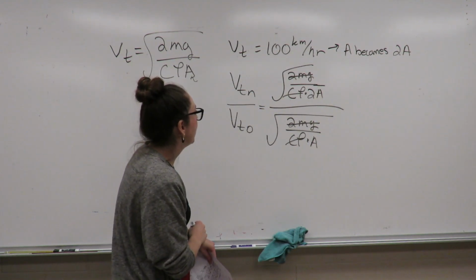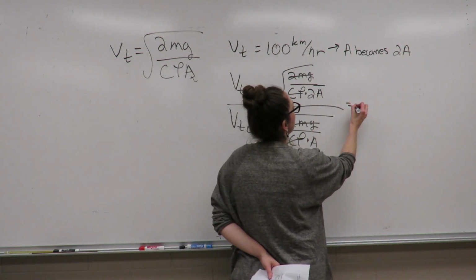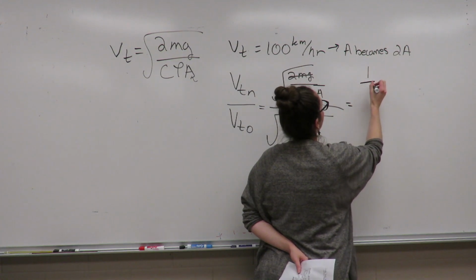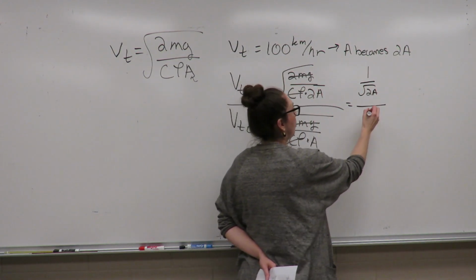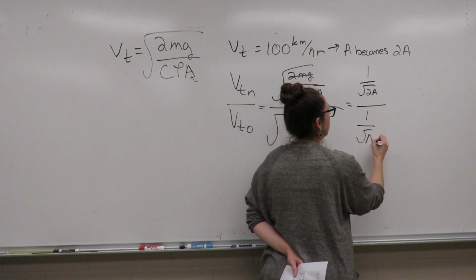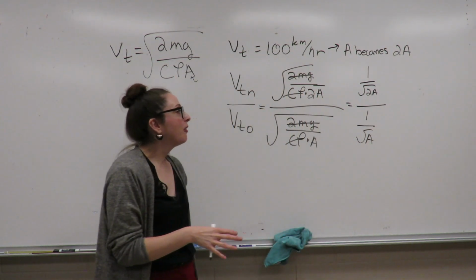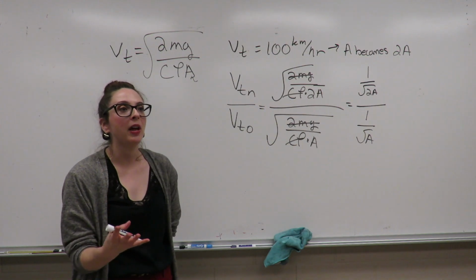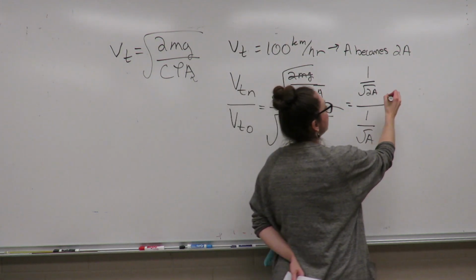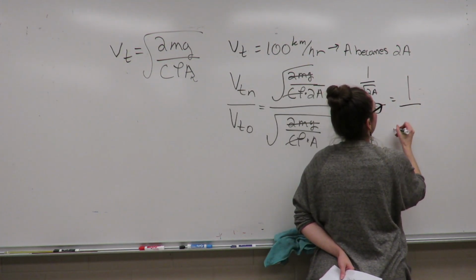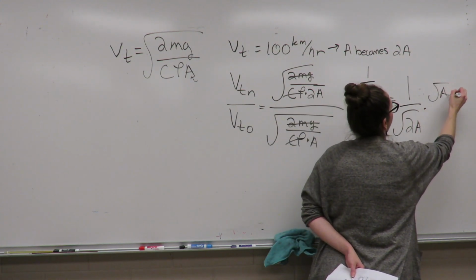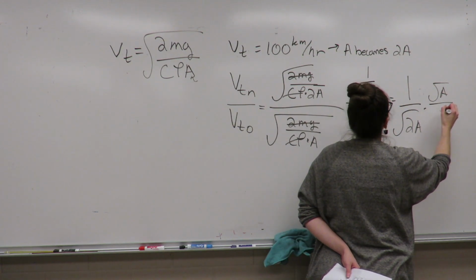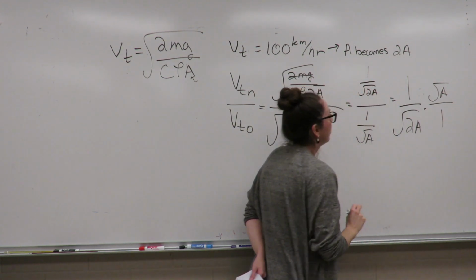So what I'm left with then is, on top I have 1 over the square root of 2a, and on the bottom I have 1 over the square root of a. So I'm dividing by a fraction, which is the same thing as multiplying by the reciprocal. So this is the same thing as 1 over the square root of 2a times the square root of a over 1.